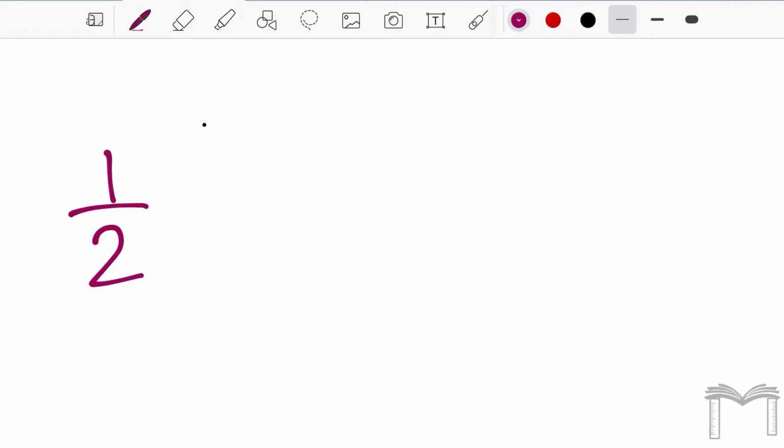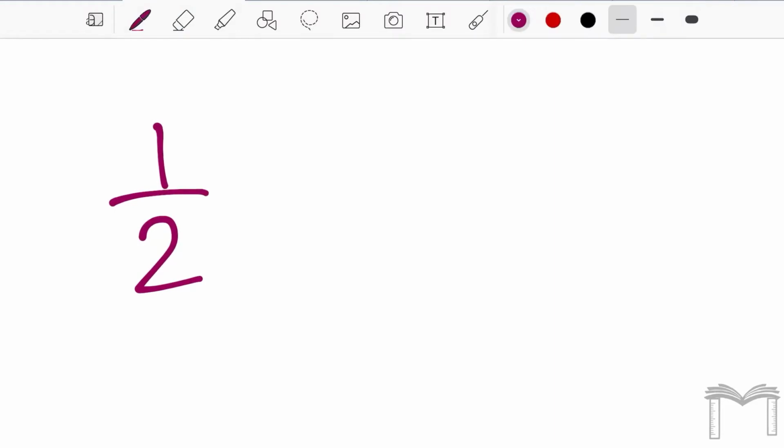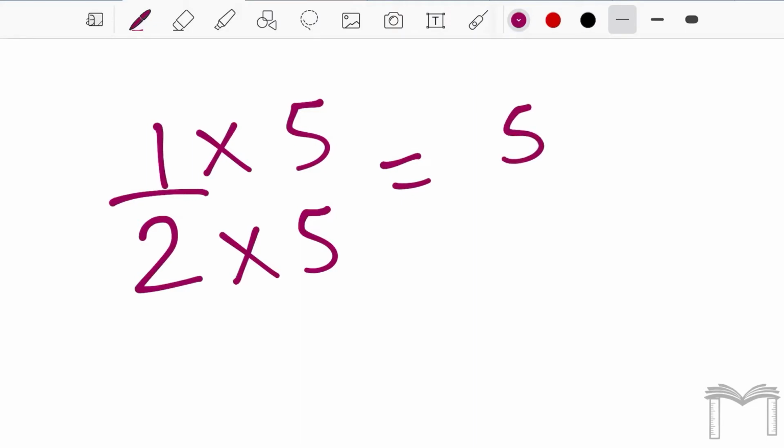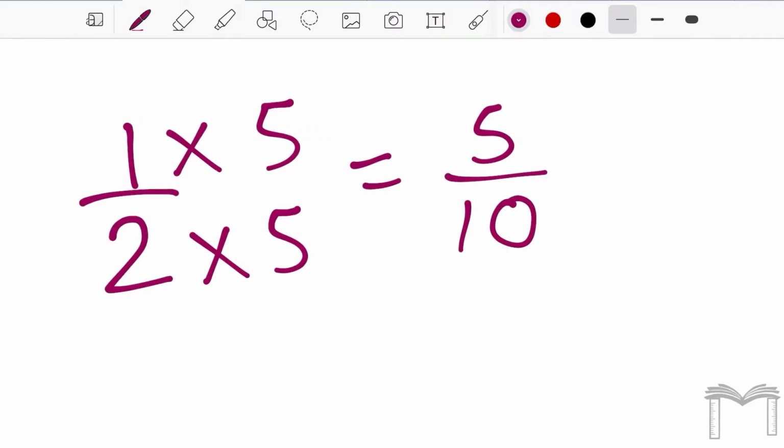One is where we can multiply the denominator to make it 10 or 100 if it's not already 10 or 100. This first fraction, 1/2, we can use that method. So we can multiply 2 by 5 to get 10, and we must do the same with the numerator. 1 times 5. So this fraction is equal to 5 over 10. So 5/10 is an equivalent fraction to a half.